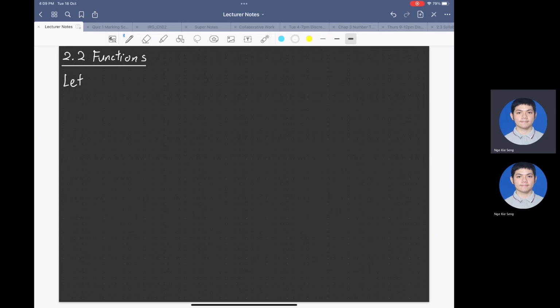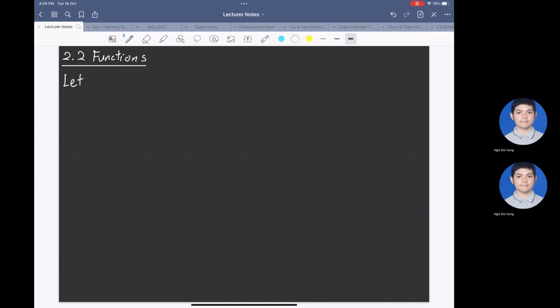Then we learned set theory, how to put items together and study a collection of objects. Now we want to establish a bridge between sets, between elements.